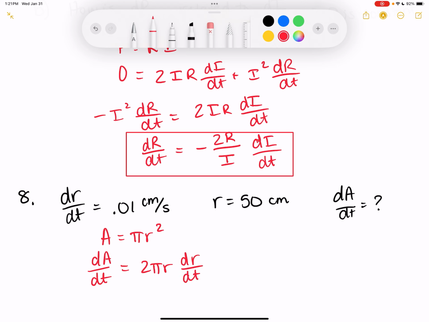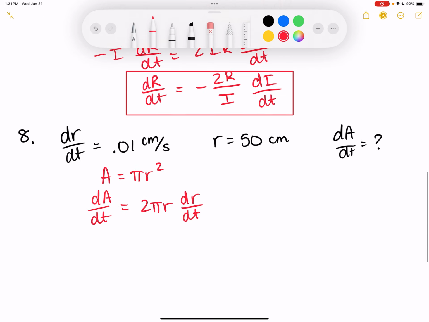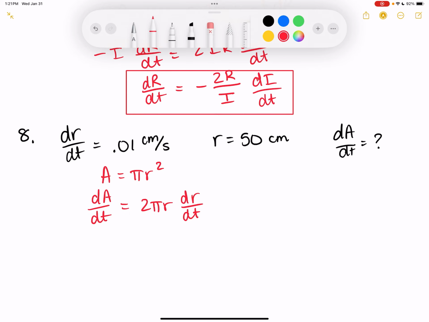So now we have what we're trying to solve for by itself. So I take the givens from the problem and plug them in. So dA/dt equals 2 pi times 50 times 0.01. That nicely ends up canceling and just leaves you with pi centimeters squared per second.